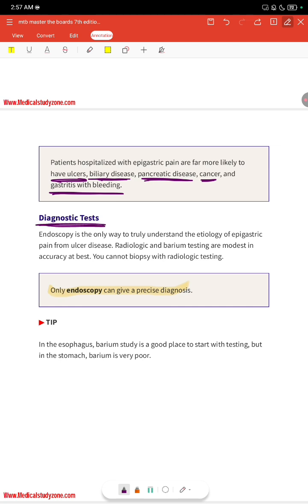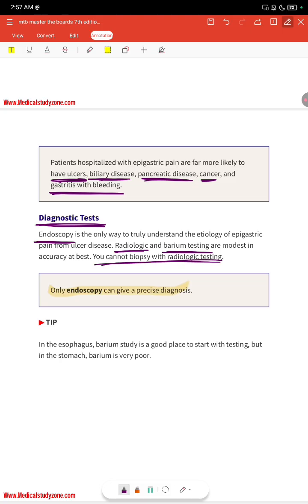Diagnostic tests. Endoscopy is the only way to truly understand the etiology of epigastric pain from ulcer disease. Radiologic and barium testing are modest in accuracy at best. You cannot biopsy with the radiologic testing. We are saying it again and again.